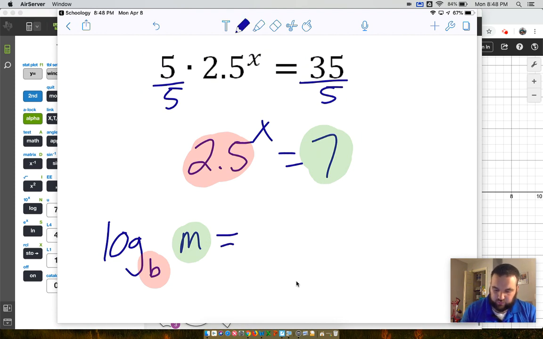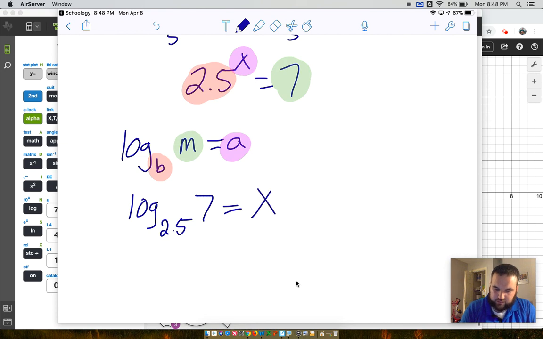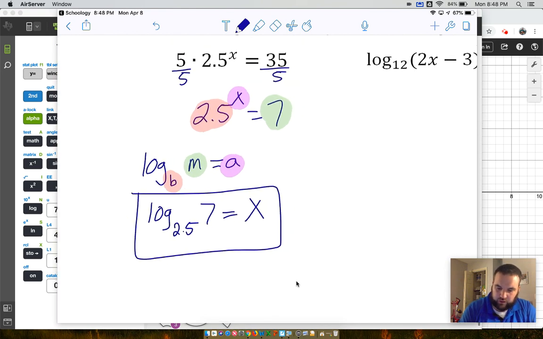And then this is equal to, we'll call it A. So those 3 things are going to go in those 3 spots. So if I want to rewrite this as a logarithm, it would be log base 2.5 of 7 equals x. So this would be the log form of this expression.